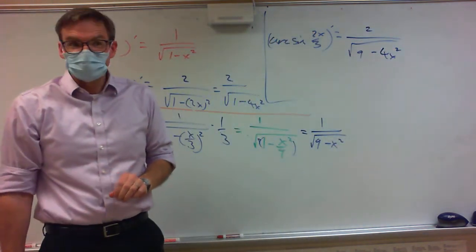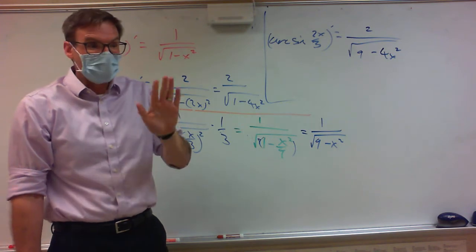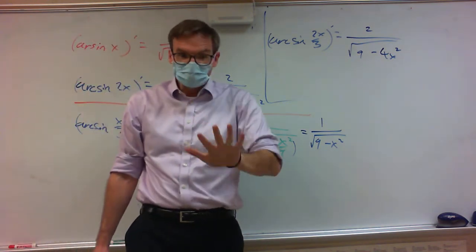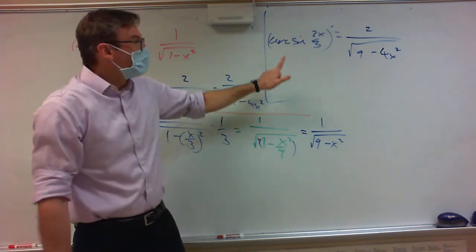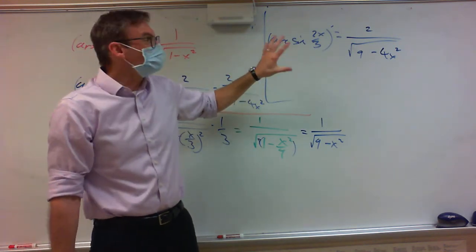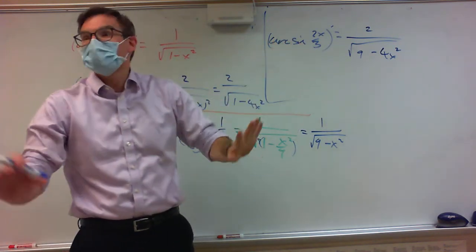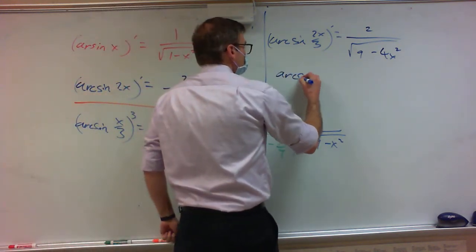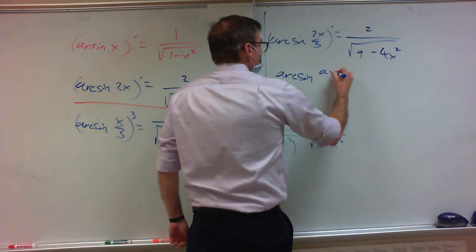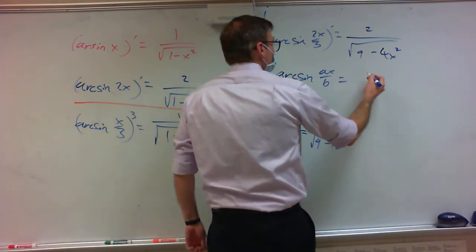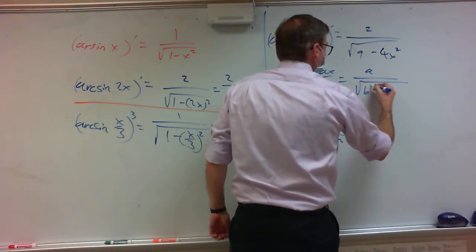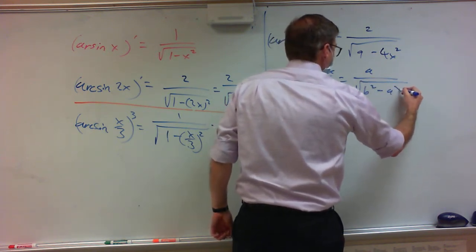Does that make sense? Now, my suggestion for everybody, for those of you that want to know how to do this, I need you to write this down. Is there a chart in your book that has this? Yes, right? I think what they'll have is, let's say I have arc sine of ax over b is equal to a over the square root of b squared minus a squared x squared.